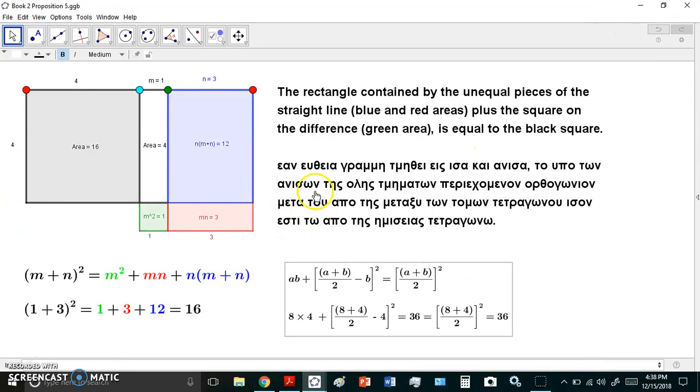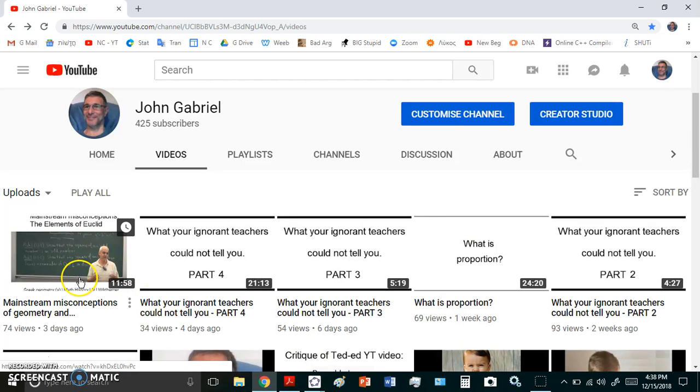And so the ancient Greek here is not easy to understand. I can appreciate how Sir Thomas Heath and other translators could have gotten it wrong. But what really stuns me is that people like Wildberger and many others actually miss these things but claim to have studied the elements.